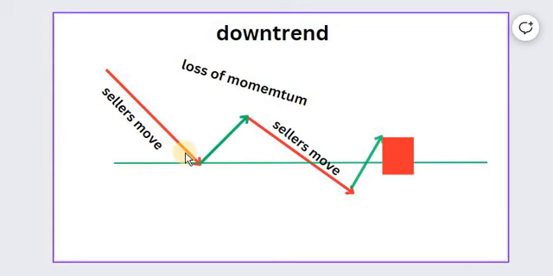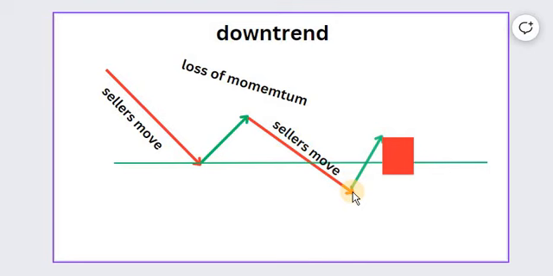So what happens? The price falls. It gets to a level where we might feel buyers are going to come in, but they will not come in too strong, and because buyers are not strong, price will fall. This is the law of demand and supply. When the demand is not strong in the market, the supply will come down to a point where the demand will be strong.